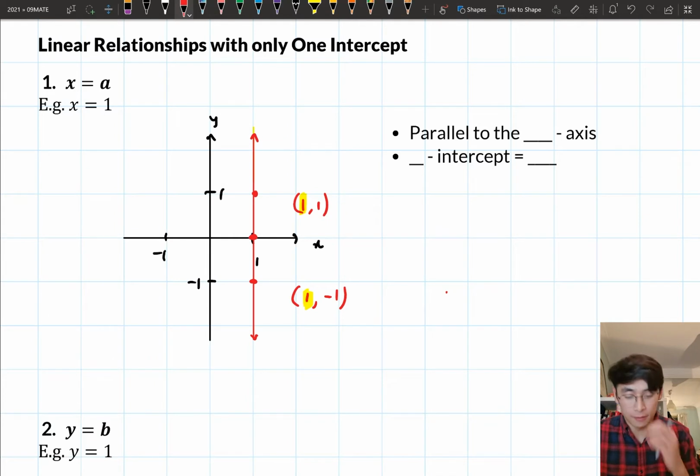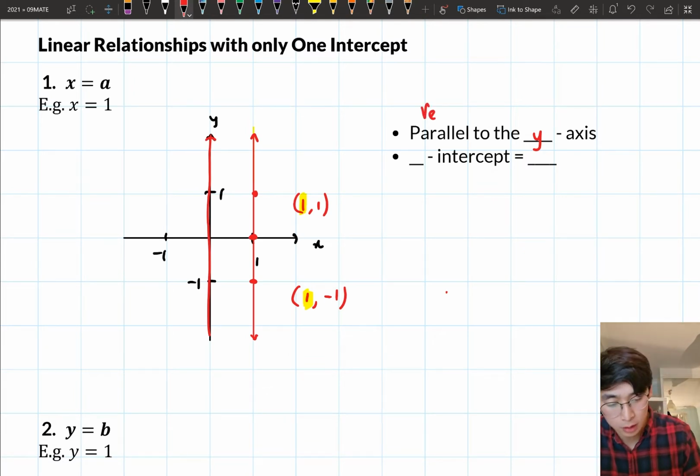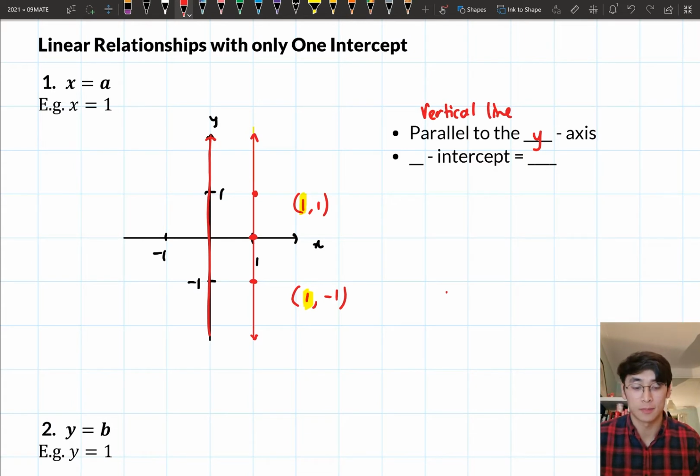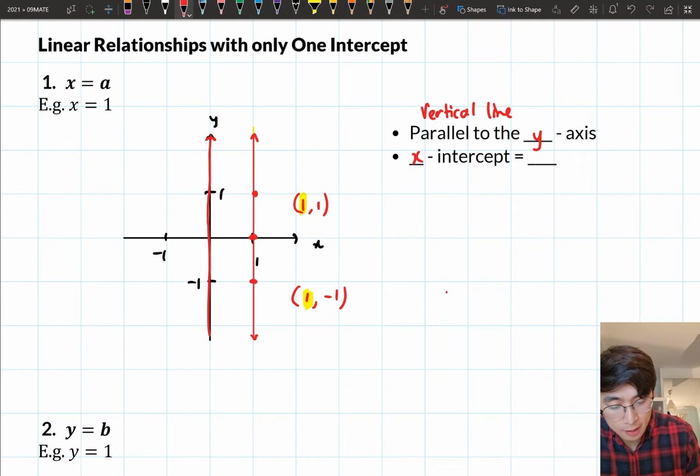If you have a look at the notes on the right hand side, this is a line which is parallel to the y-axis. The y-axis is this line over here, and all my vertical lines are going to be parallel to it. It has an x-intercept at a.